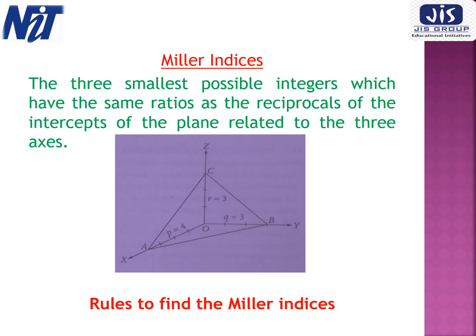At first, we will have to find out the intercepts of the plane on the three crystal axes OX, OY, OZ. Let these be pa, qb and rc, where a, b, c are the corresponding primitives and p, q, r are the intercepts along the directions a, b and c respectively.